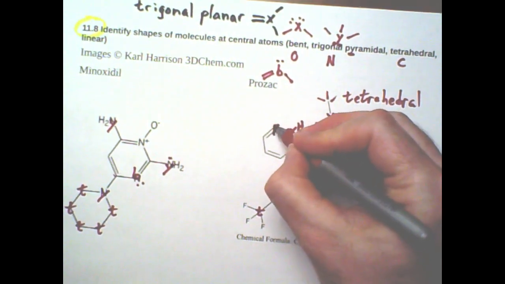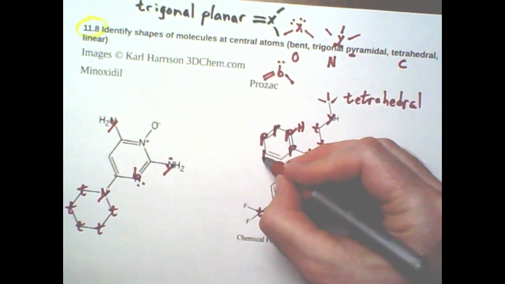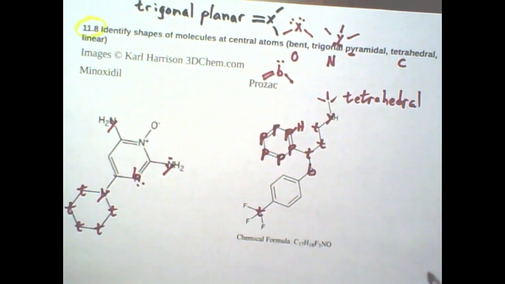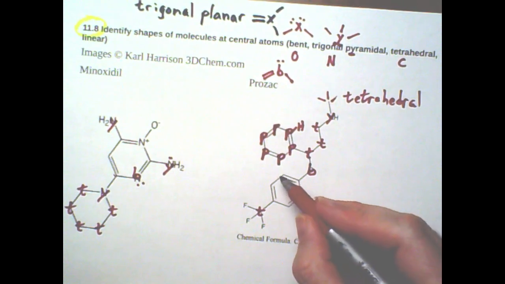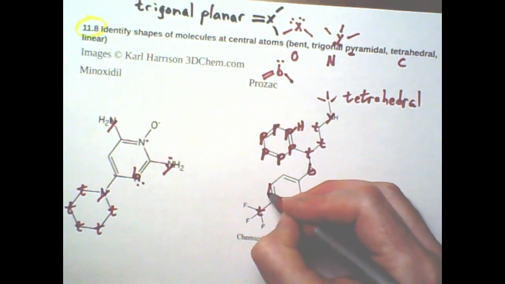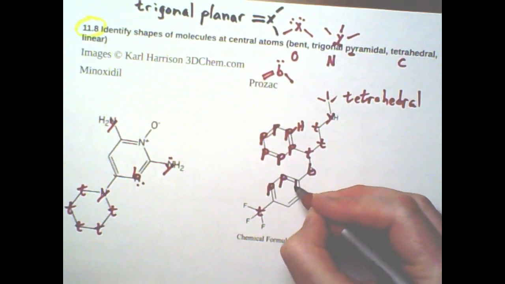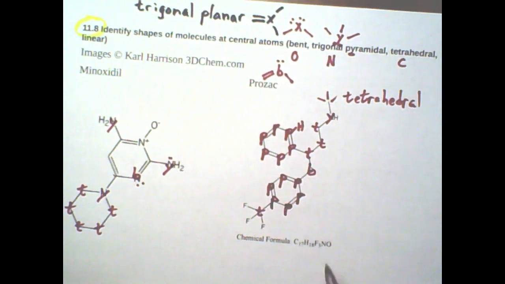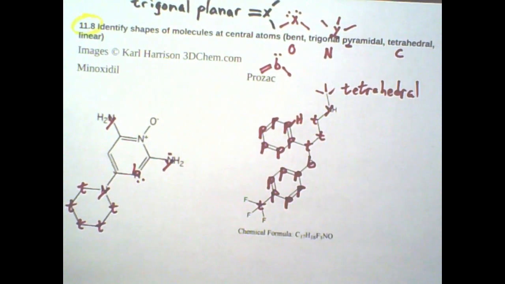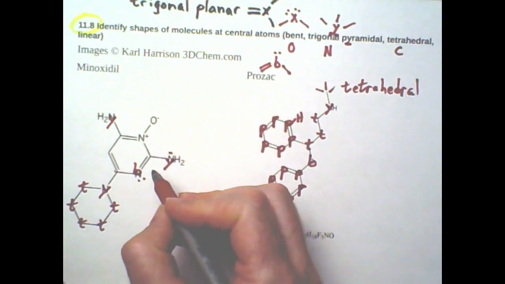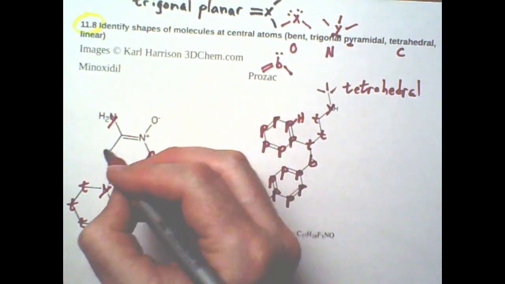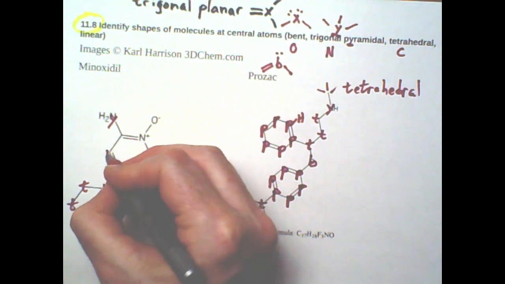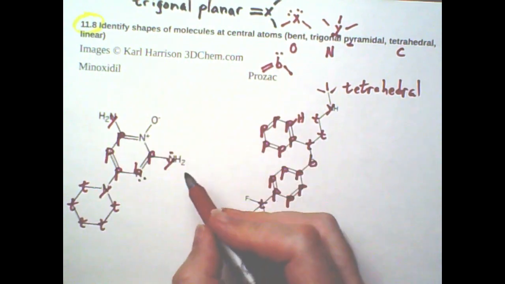Planar, planar, planar, planar, planar. All of these aromatic rings that look like benzene, all of the atoms in them are trigonal planar. Go back over here. Trigonal planar, trigonal planar, planar, planar.